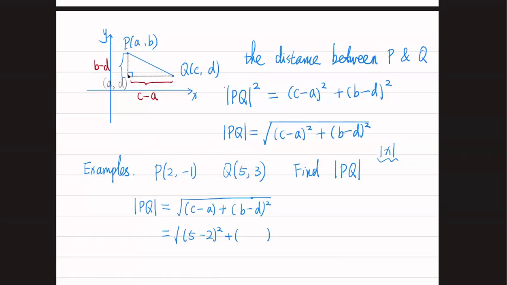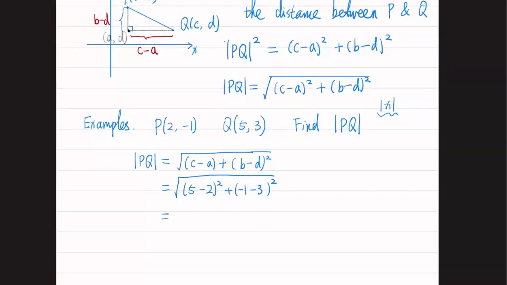Could you repeat the question? So the first part, 5 minus 2. What's the second part? -1 minus 3. Okay, so this will be -1 minus 3. Okay, very good.